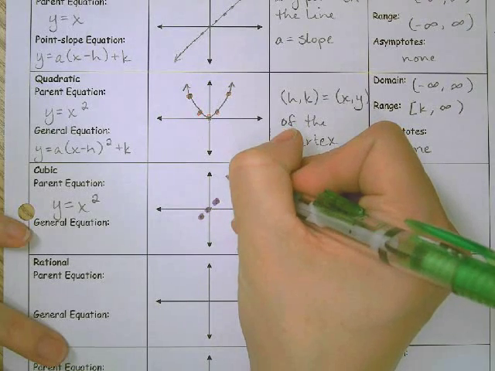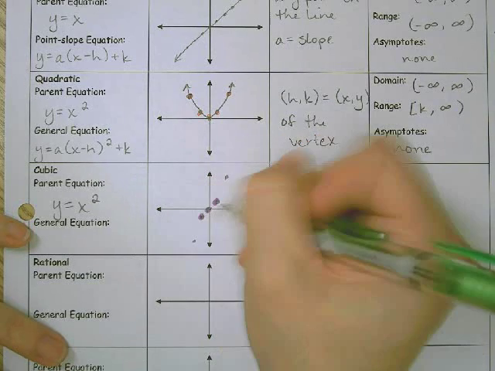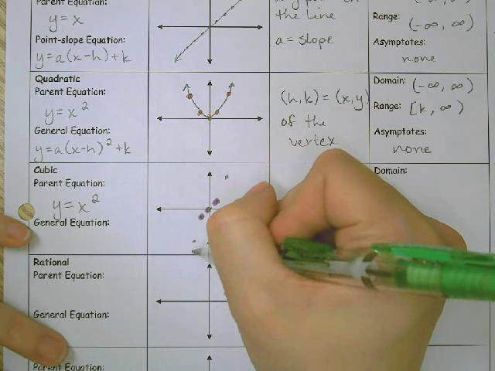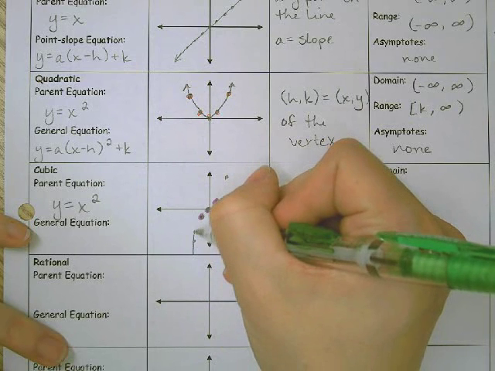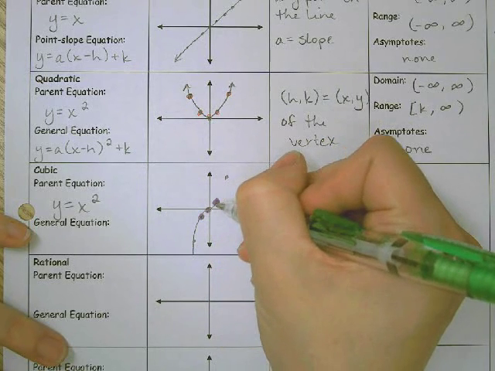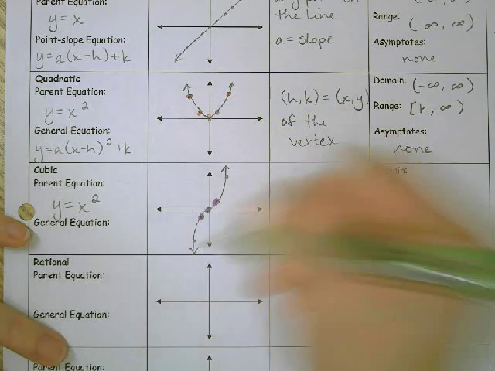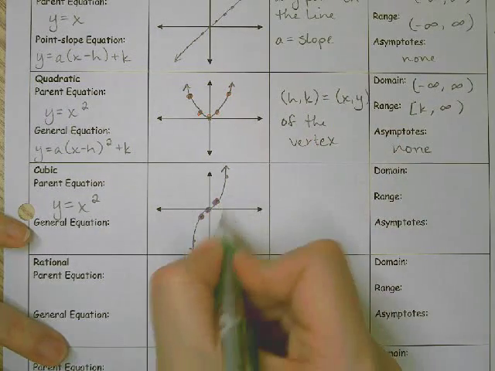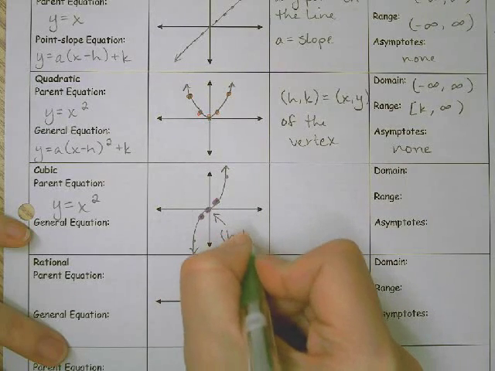So this jumps up quite a bit. And negative 2 cubed is negative 8. So that drops down quite a bit. So as you get further positive and further negative, that goes faster. So we have kind of a little swoop there. And this point in the center, that's our hk point.